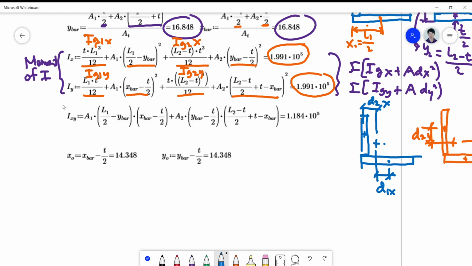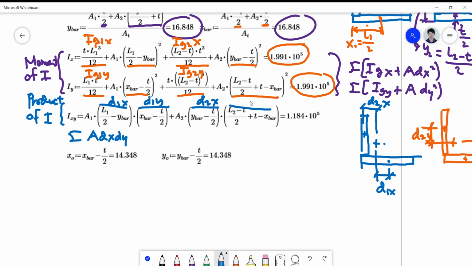Okay, and for the product of inertia, this is just an additional exercise for you. The product of inertia is simply equivalent to the summation of A dx dy. So A1 is my d1x d1y, and this is my d2x d2y.